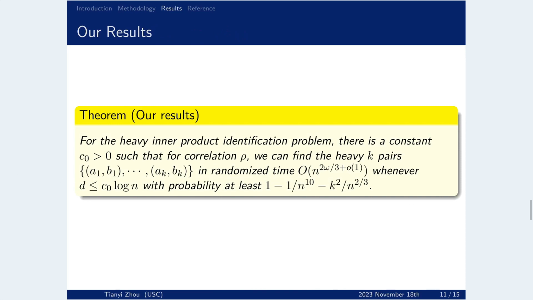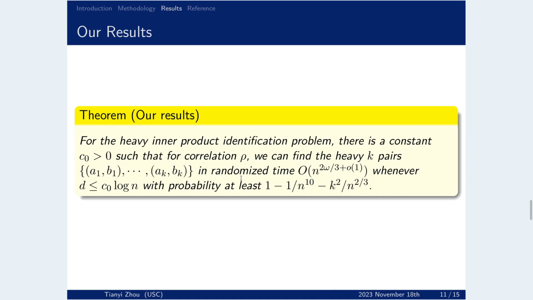So here comes our result. For the heavy inner product identification problem that we defined earlier, there is a constant c_0 greater than 0 such that for correlation rho we can find the heavy k pairs in randomized time n to the power of 2 omega over 3 plus small o(1), when d is less than or equal to c_0 log n.